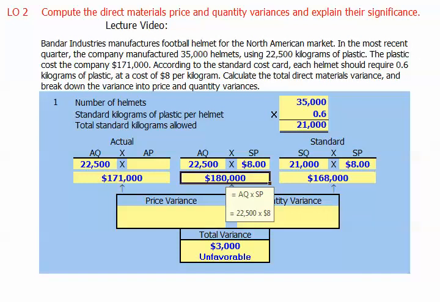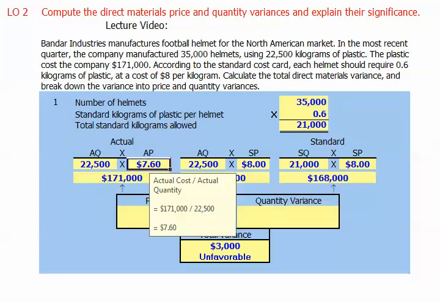We can now go ahead and calculate our price variance. But before doing that, let's calculate our actual cost per kilogram. We do that by taking our $171,000 total cost, dividing it by the 22,500 kilograms, and we get an actual price that we paid of $7.60 per kilogram.